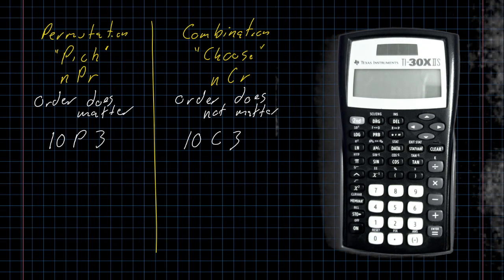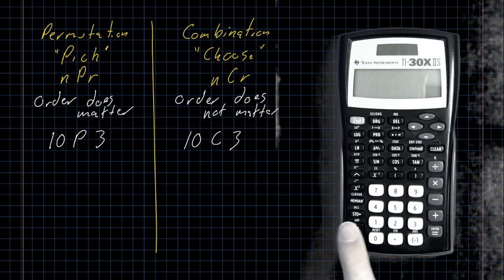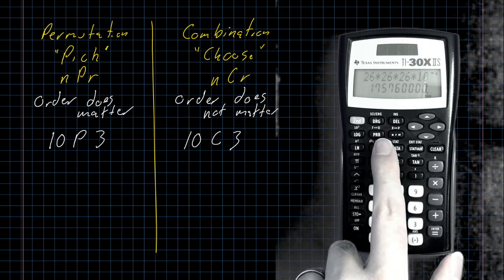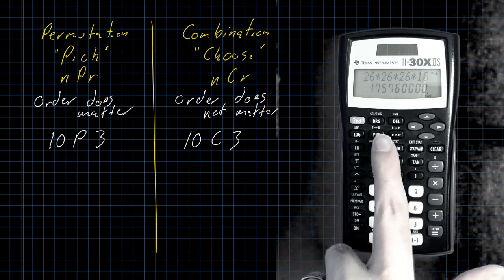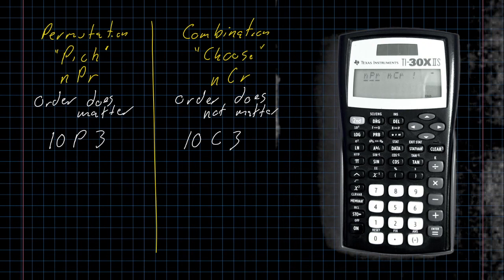Where you'll find it will vary from calculator to calculator. On my calculator, I have a menu right here called PRB. If you have a graphing calculator, like a TI-83 or a TI-84, you probably have a button somewhere in that general vicinity that's labeled as math. If you look in that, you'll find a menu below that says PRB for probability.